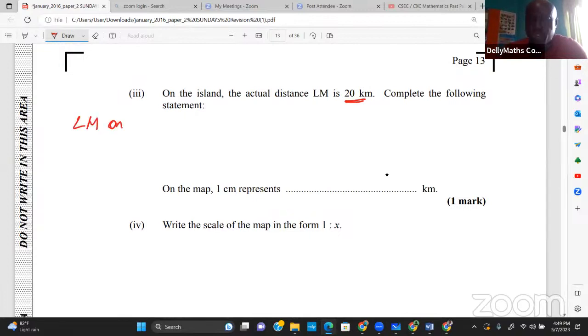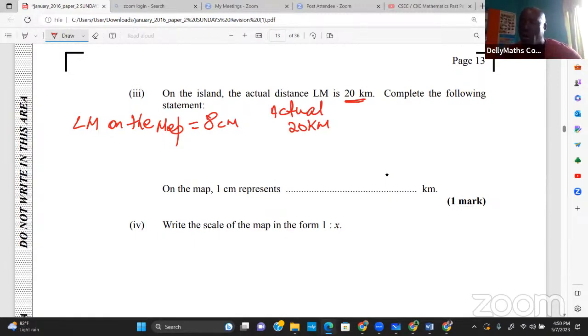Now, when you go back, you remember that LM on the map gave us 8 centimeters. But in reality, it was actually 20 km. So I could just divide this to see what 1 centimeter is on the ground for real.